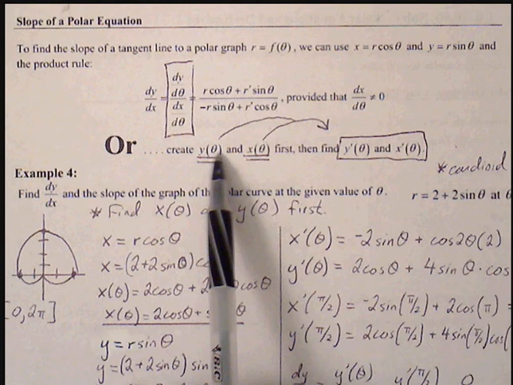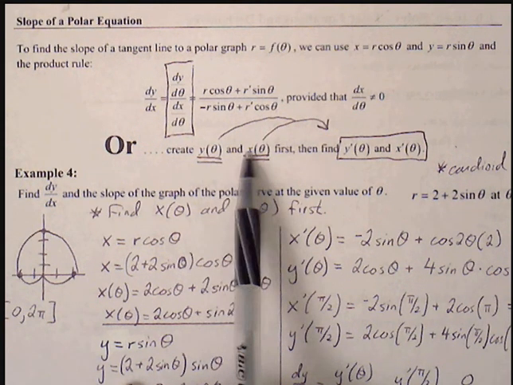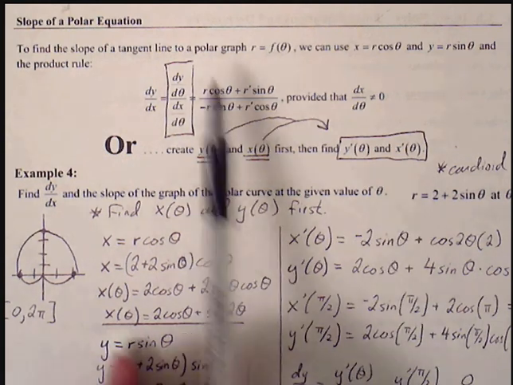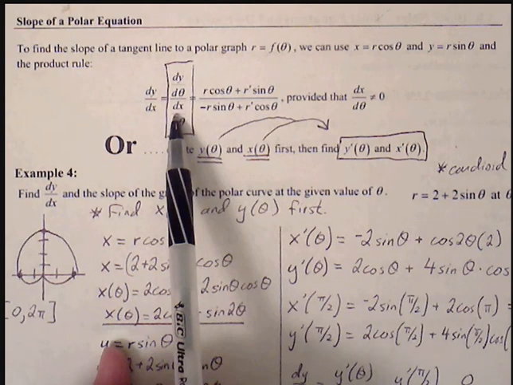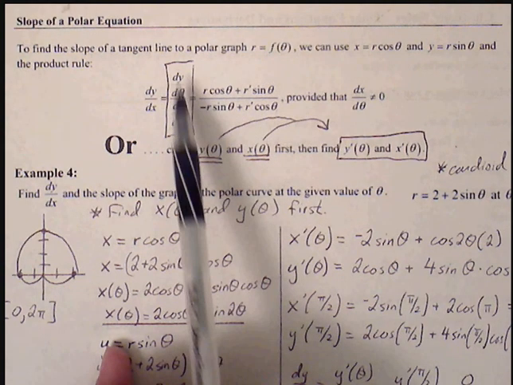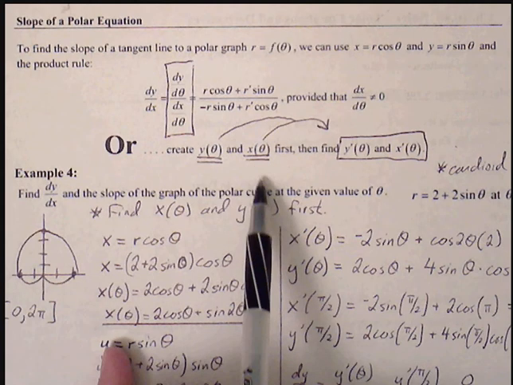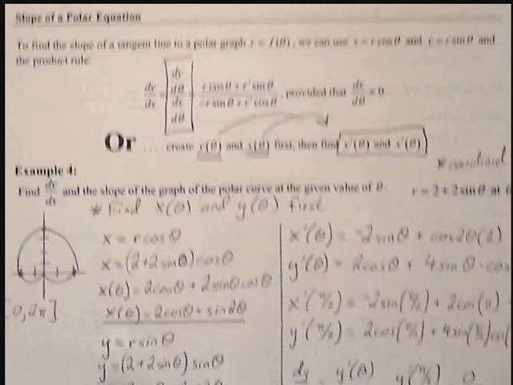If we can get y and x in terms of theta, then we can just find those derivatives and that will get us to these two. So we should be able to avoid the product rule as long as we can get our equations in the right form.